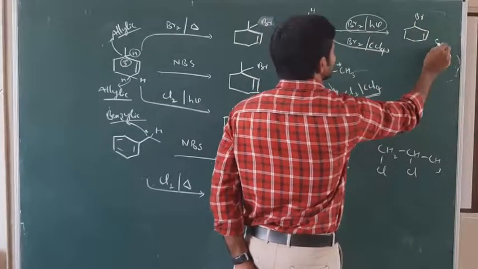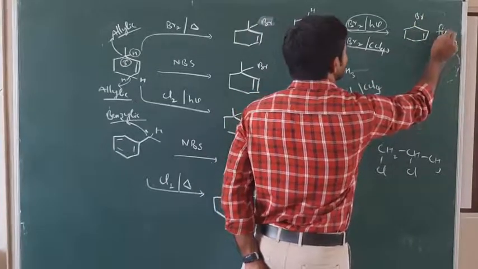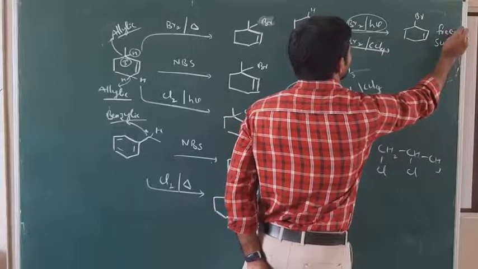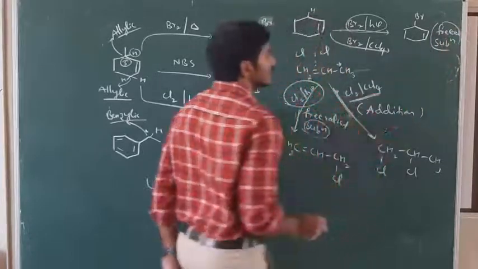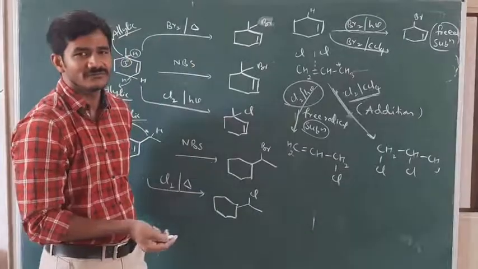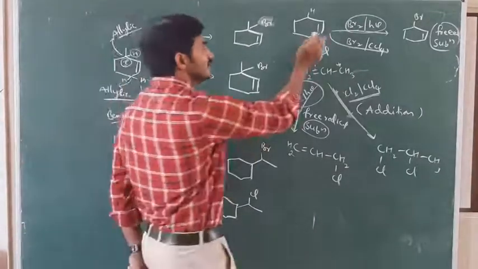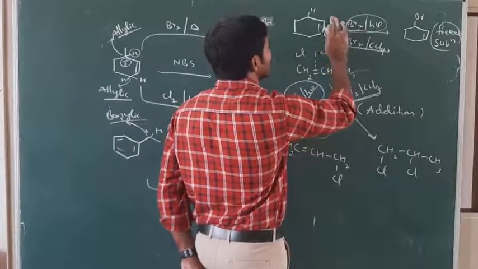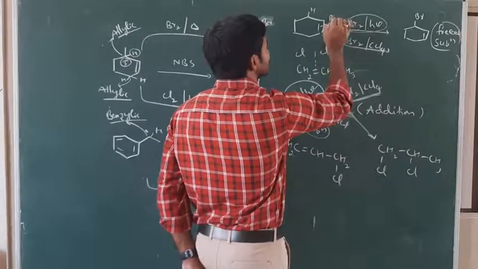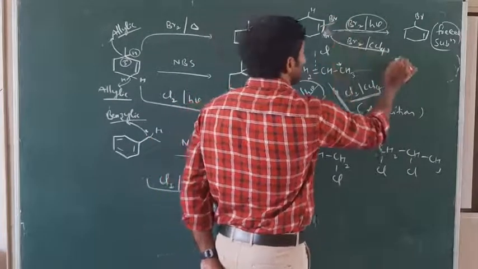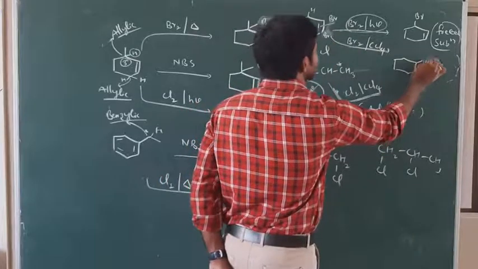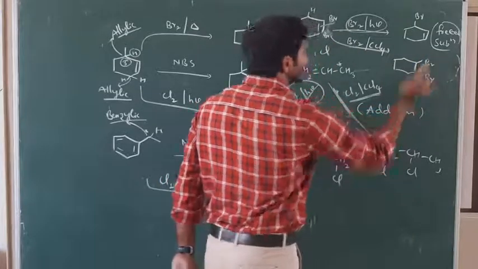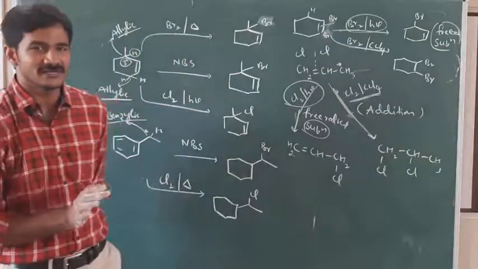There is free radical substitution. Whereas Br2 in CCl4, there is no light condition here, so this undergoes addition. The double bond is broken and addition takes place across the double bond. Don't get confused in the examinations.